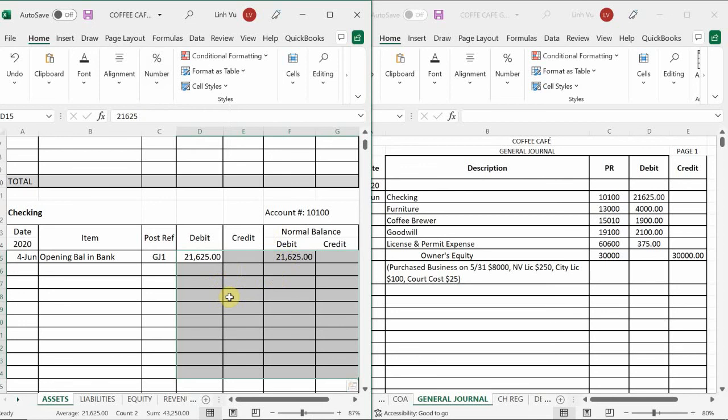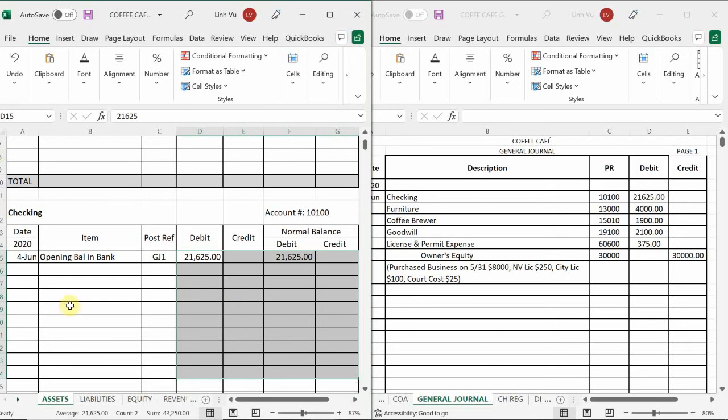I need to do this for every single account I see here, because checking is not the only thing I'm looking at. If I'm going to post to the ledger, I need to post every single account. So that was the first account, checking.